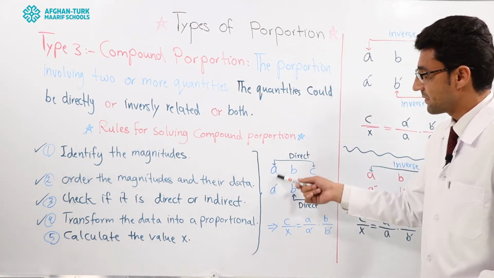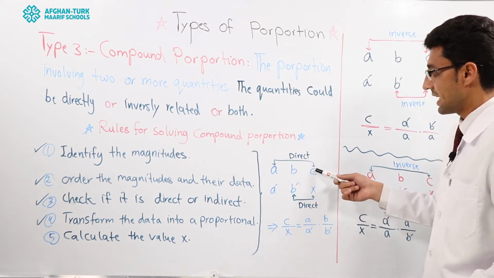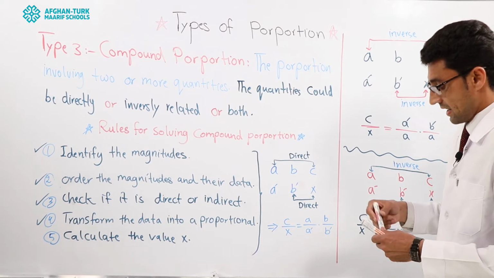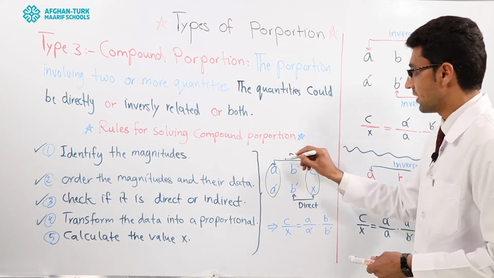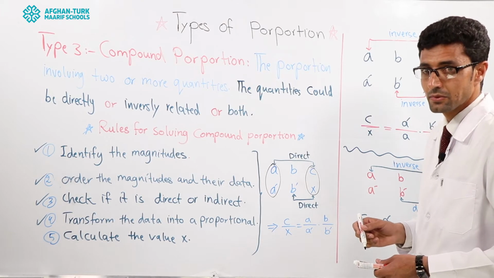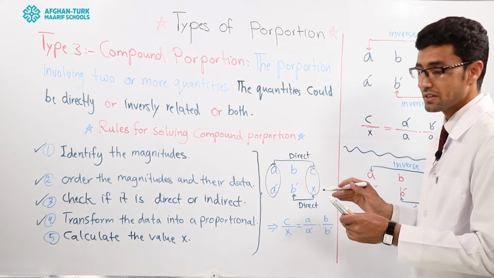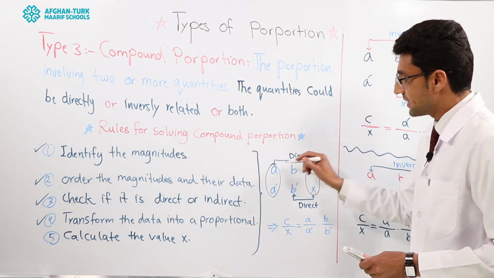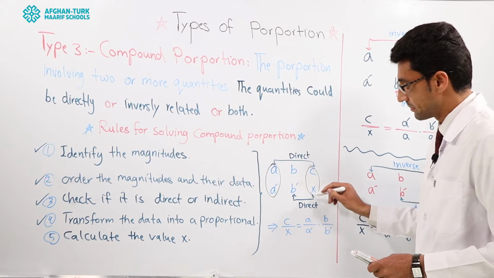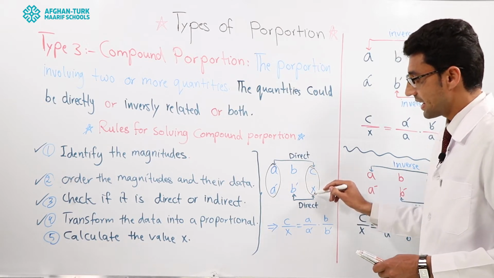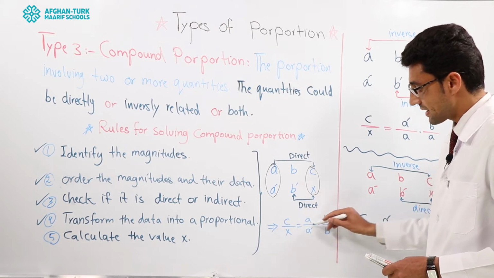Here we have magnitudes A, A dash, B, B dash, and C, X. If these two are direct, because we have to compare two magnitudes, two quantities, and these two, B, B dash, C, X, are direct, we can write a proportion.